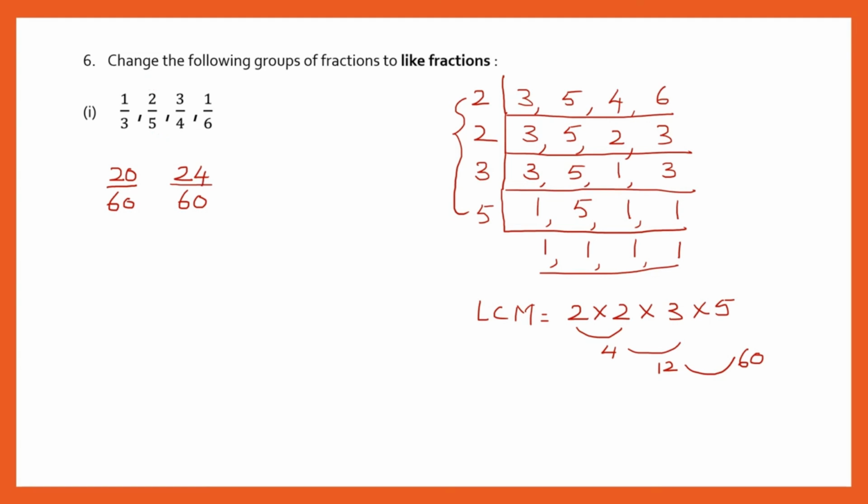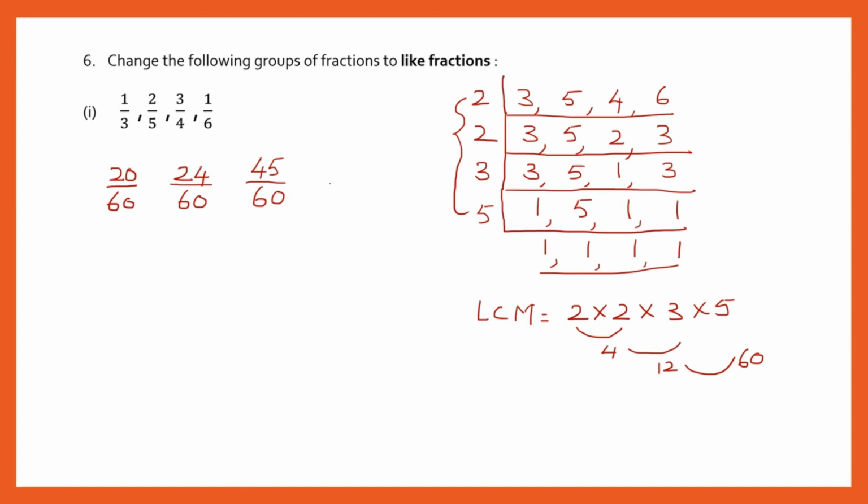So now I will move on to the third one. My denominator is 60. 4 into what will give us 60? 4 into 15. So I'm multiplying my numerator also by 15. So 15 threes are 45. So I've got my third fraction 45 by 60.